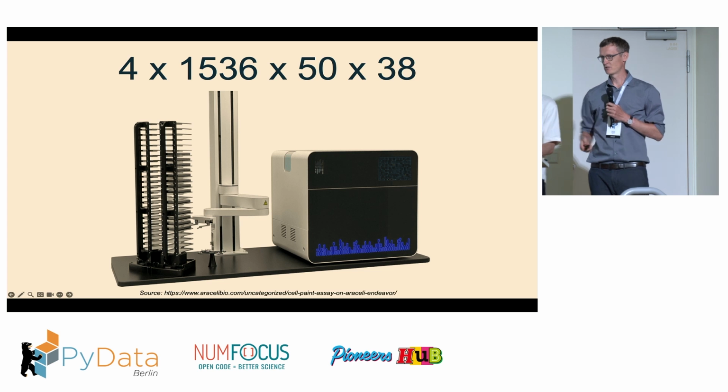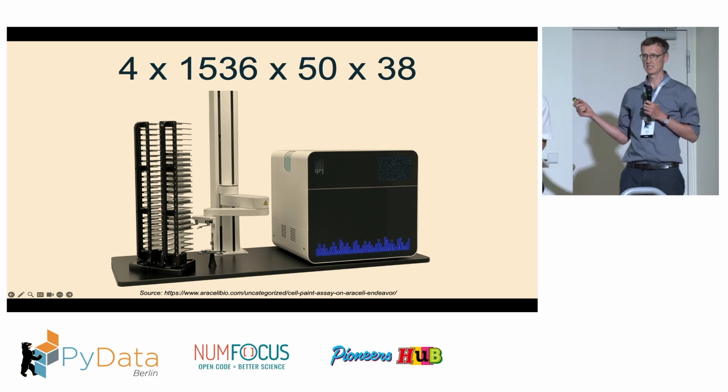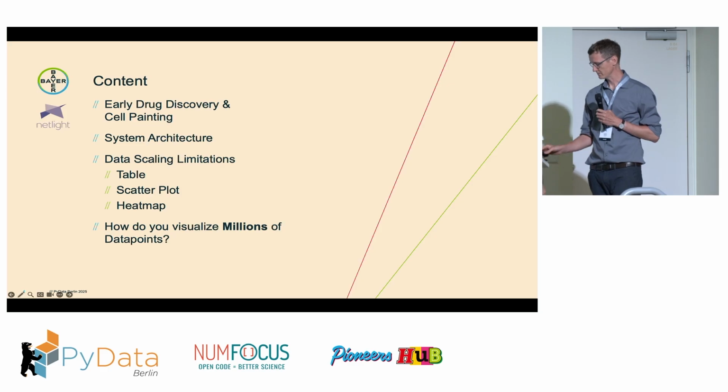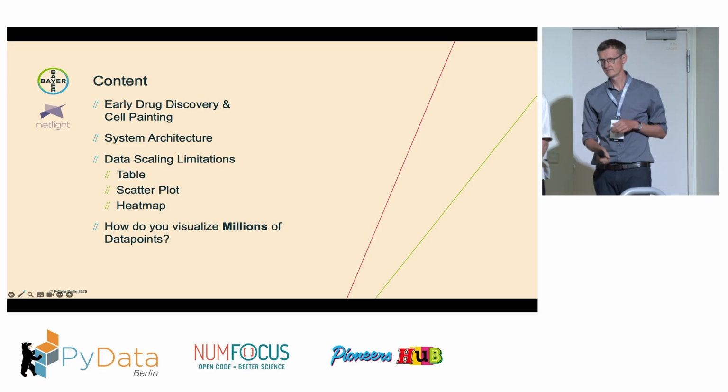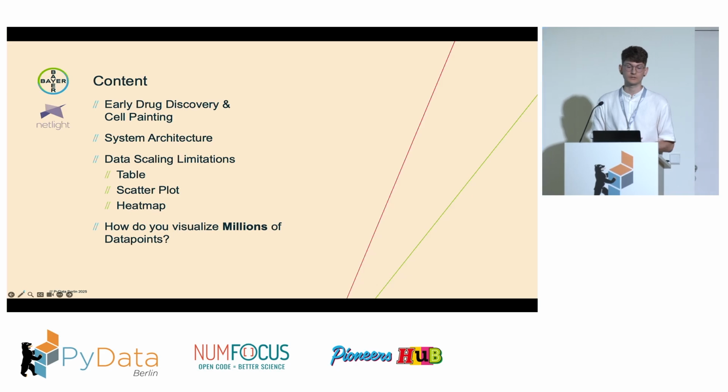So the challenge we are talking about today is how do we make sense of these images? Onto the content of our talk today. We're going to give you a brief introduction to the process behind early drug discovery, and in particular cell painting. That's the area where we're navigating.